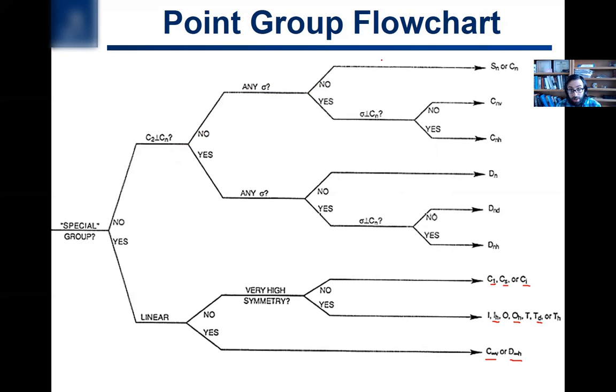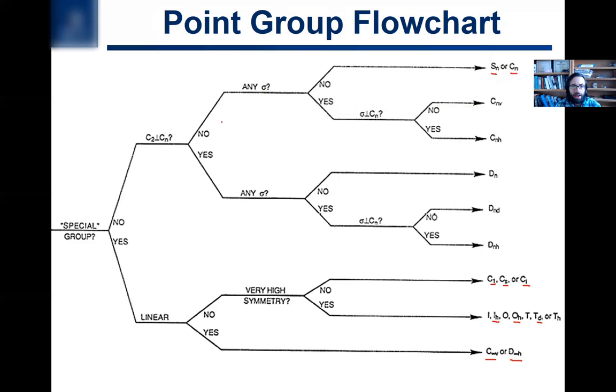And if you answer no to that, you're going to be most likely a CN. CN only has a rotational axis, okay? Or you're going to be an SN, which only has an improper rotation axis. SN is pretty rare, but the CN and SN both do exist. I'll show you some examples of those.